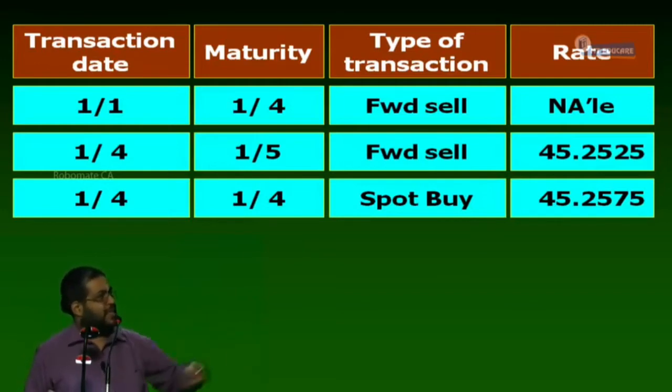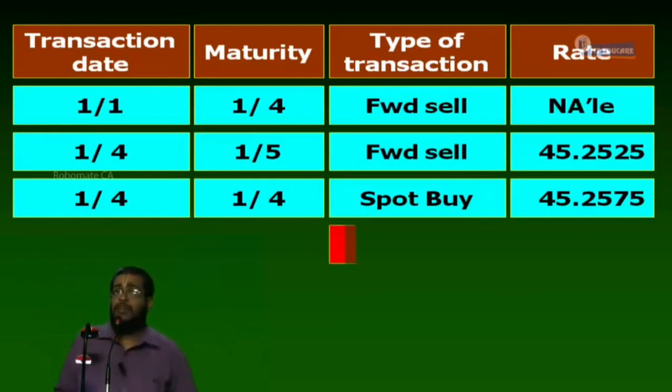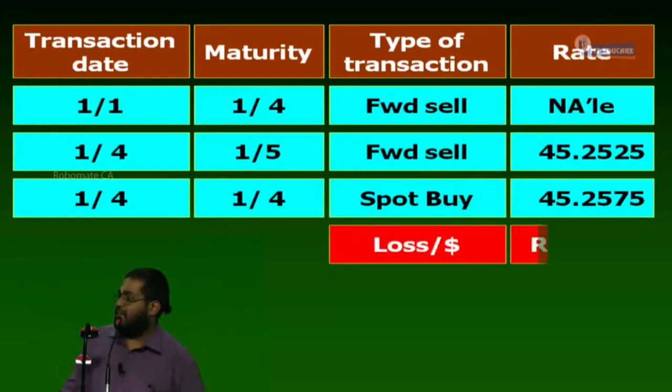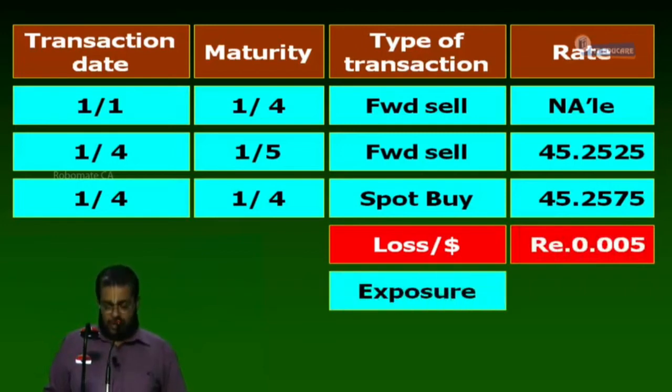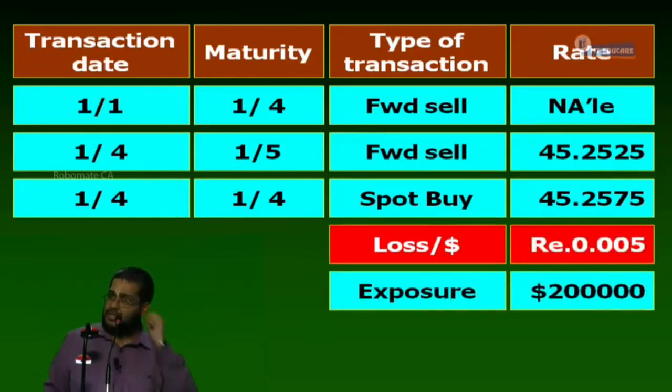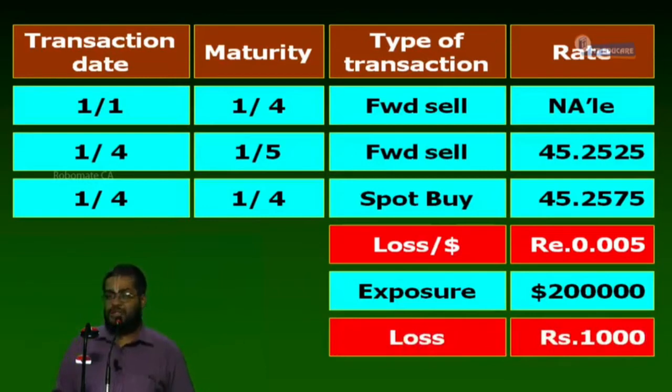Now, if I find the difference, loss per dollar is 0.0050. How many dollars? Exposure is 2 lakh dollars. What is the loss amount? The loss amount is rupees 1,000.